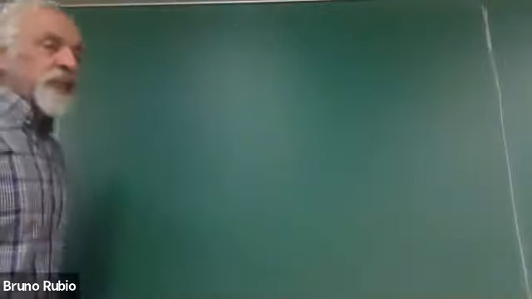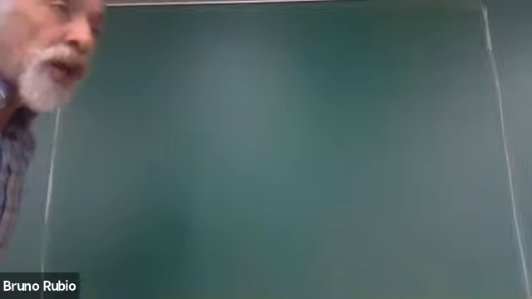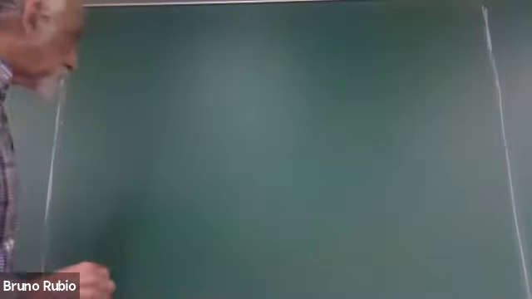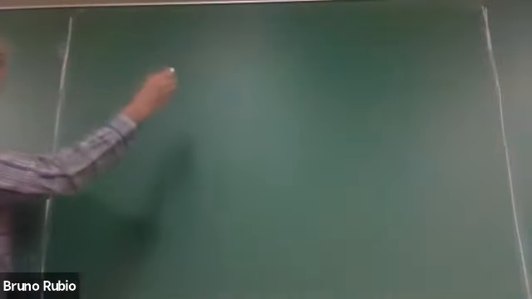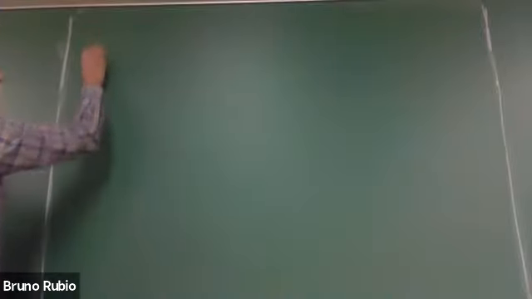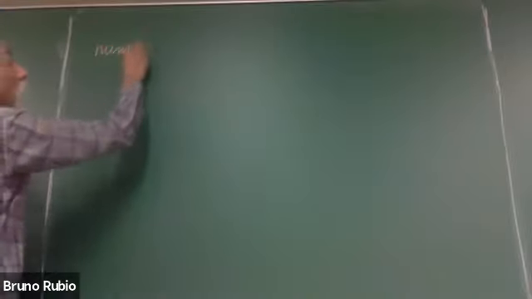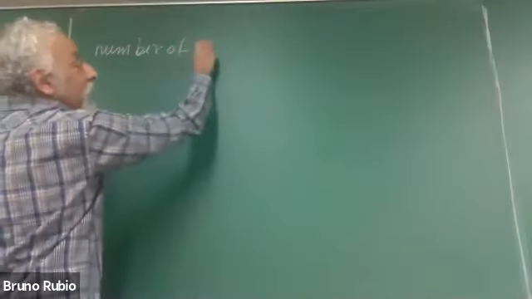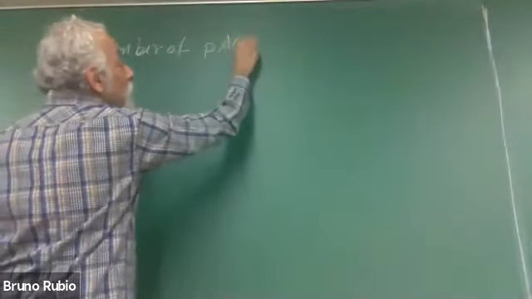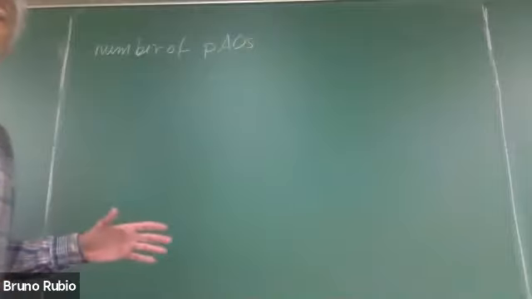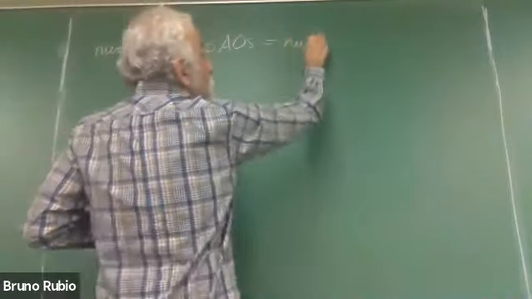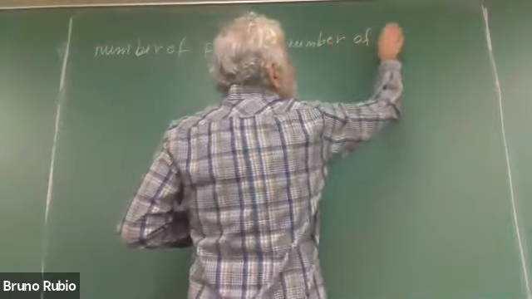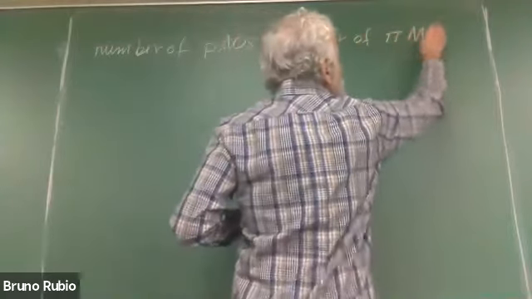Okay, so last time we were talking about how to draw the molecular orbitals. And let's just briefly recap for benzene. So the fundamental principle here would be that the number of interacting p orbitals will equal the number of pi molecular orbitals.